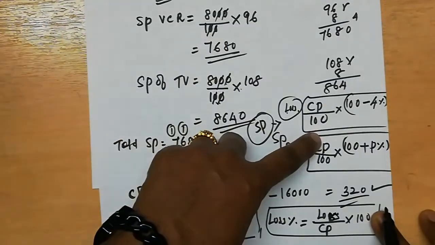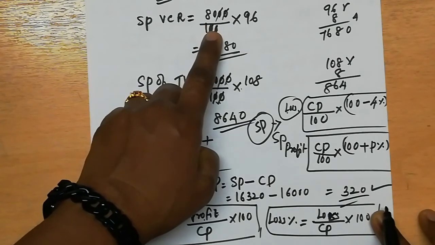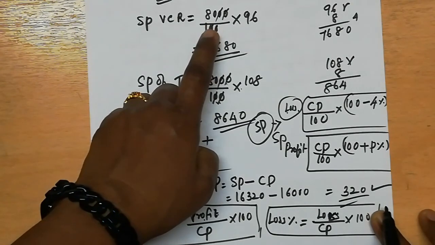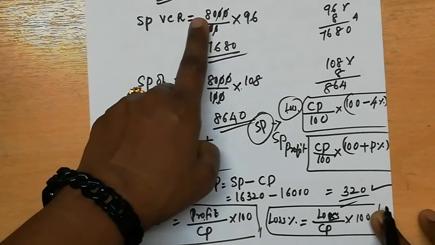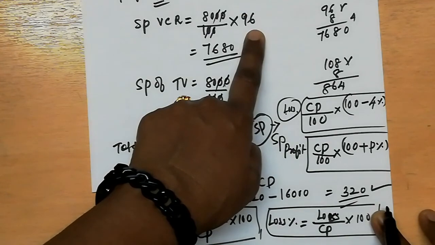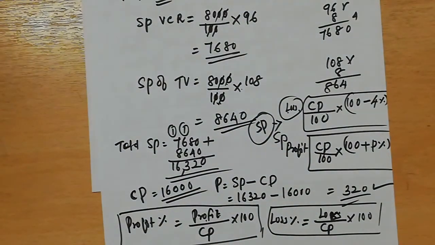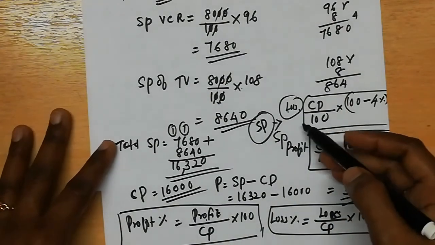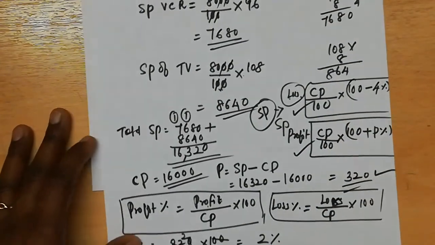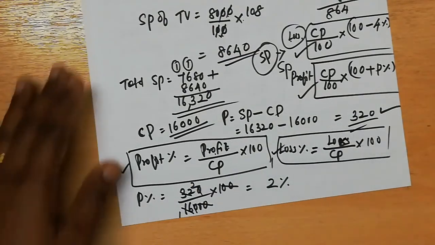Without remembering the equation, we can write it by thinking only that 100% is the original price, and then what we have to find, for example 96%. That is the only thing you have to memorize. Otherwise, you can follow these two equations. But anyway, you have to remember this and this equation also.